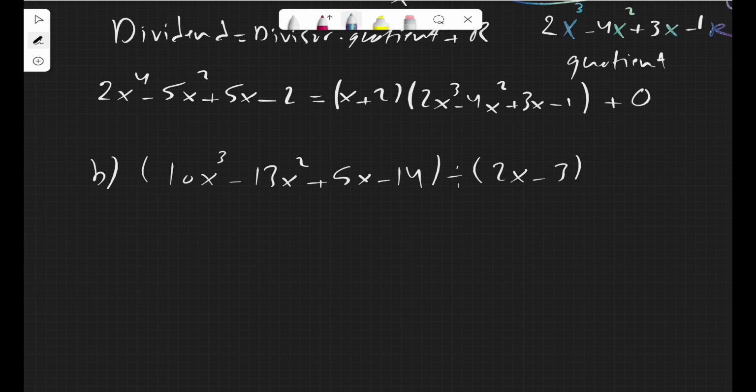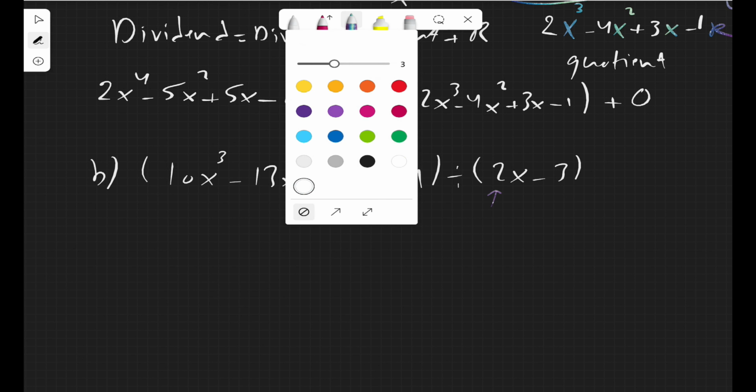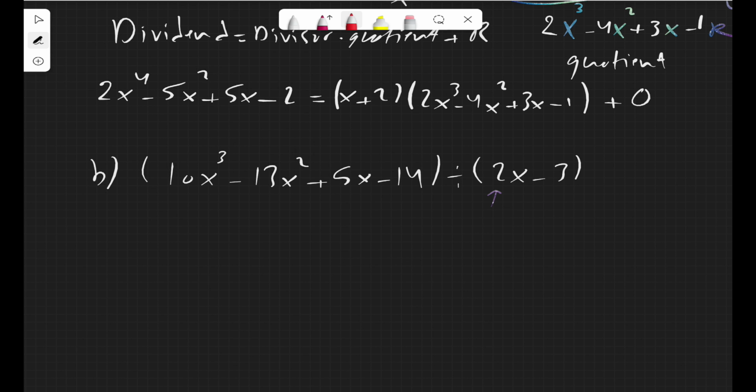For synthetic division, you have to make sure the coefficient of x is 1. So what we have to do is, I'm gonna divide everything by 2.